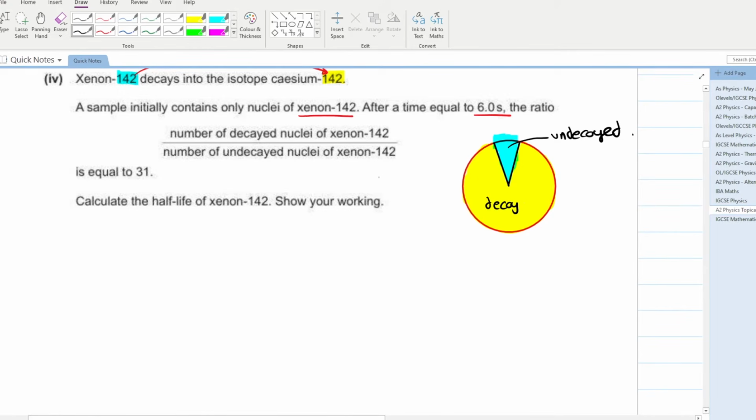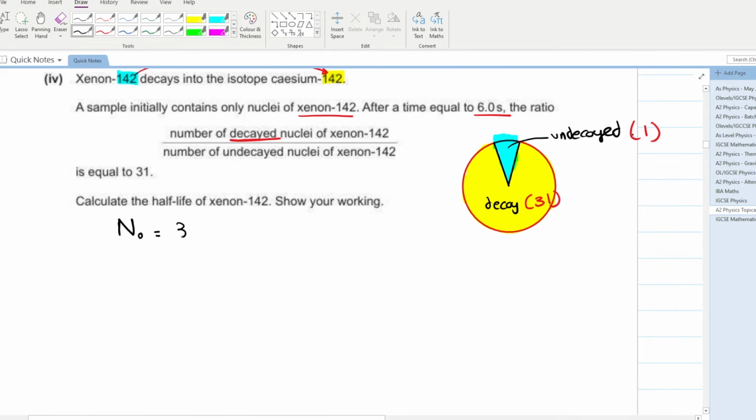The examiner is telling us that the number of decayed nuclei is 31 times the number of undecayed nuclei. So what will be the total number of nuclei initially? What will be your N naught?